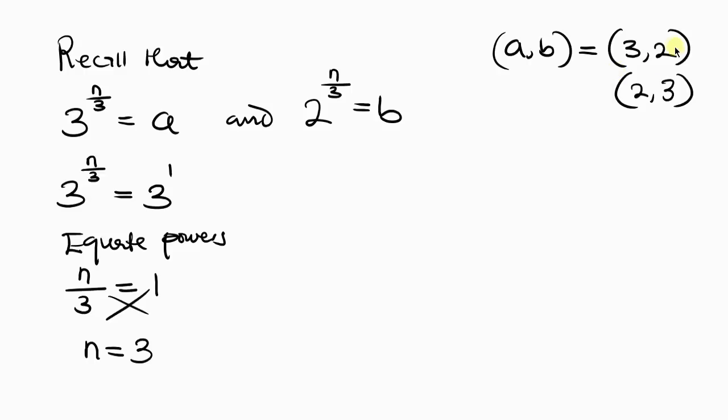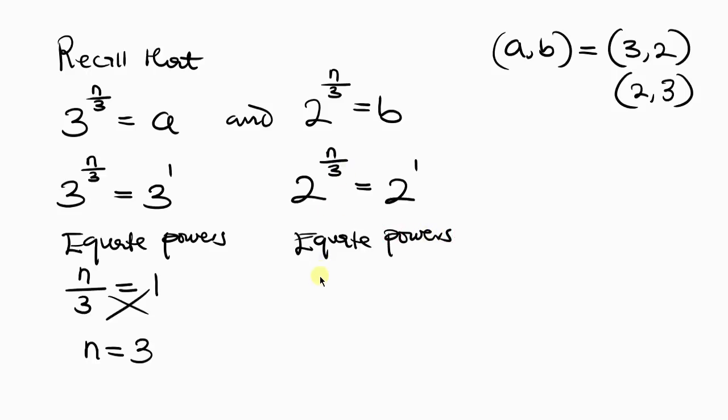Now we can also test for b, which is what we have here. So this is 2 to the n over 3 equal to b. And what is b? b is 2. And we know that 2 to the 1 is the same as 2. Since the bases are the same, we're still going to equate powers.